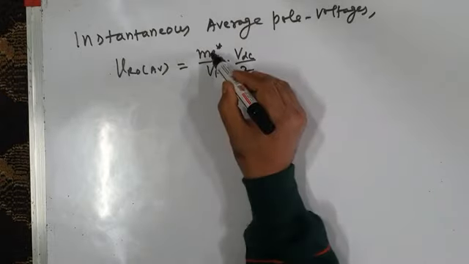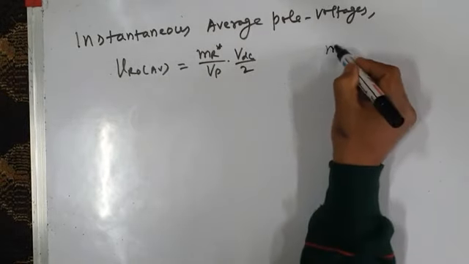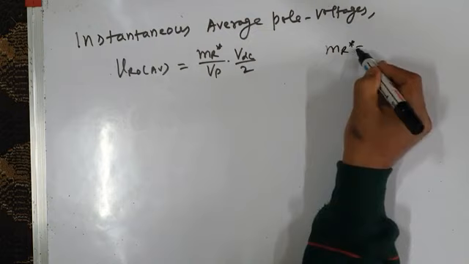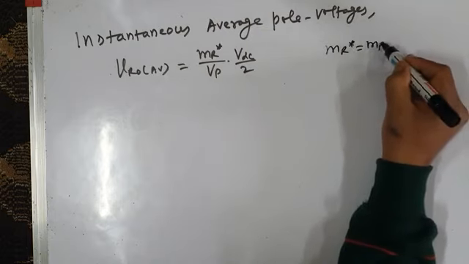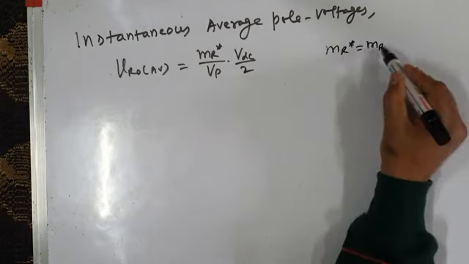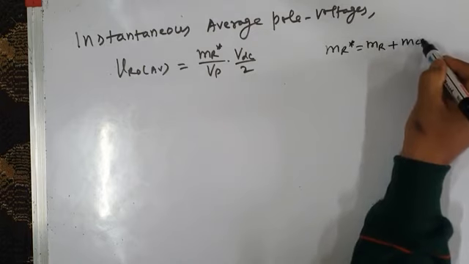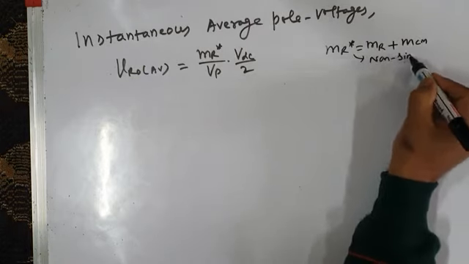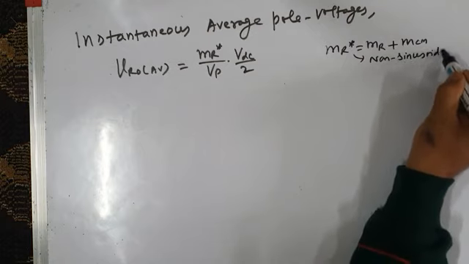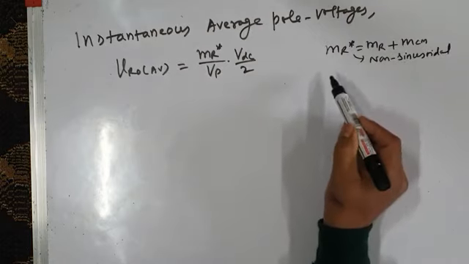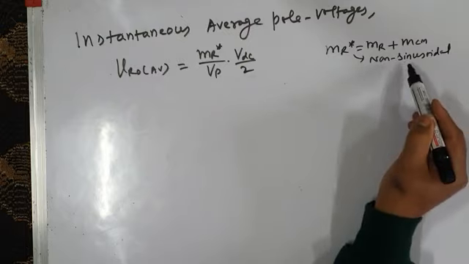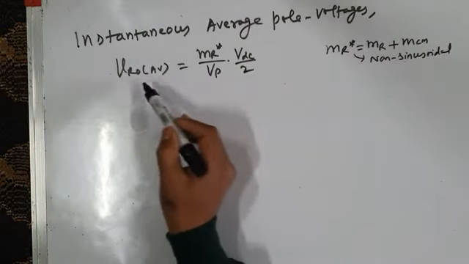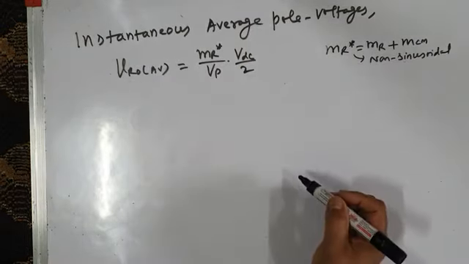And what is your Mr star? Mr star is the original sinusoidal modulating wave plus common mode voltage. So it is non-sinusoidal. Since your modified target reference wave or modified modulating wave is non-sinusoidal, your pole voltage VRO average value will also be non-sinusoidal.